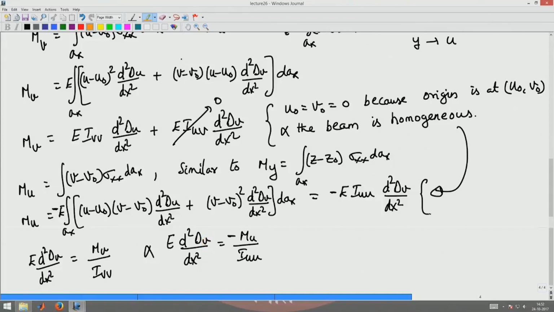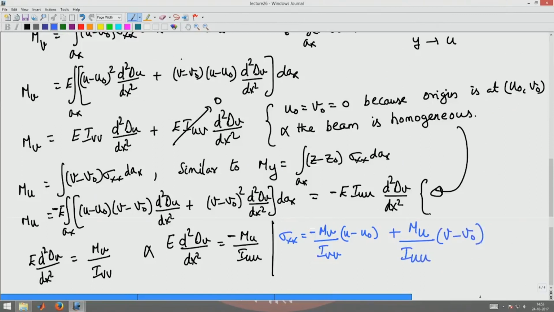Then I substitute this entire thing into the stress expression to get my sigma xx as Mv by Ivv times u minus u naught plus Mu divided by Iuu times v minus v naught, which will be the stress in the member.